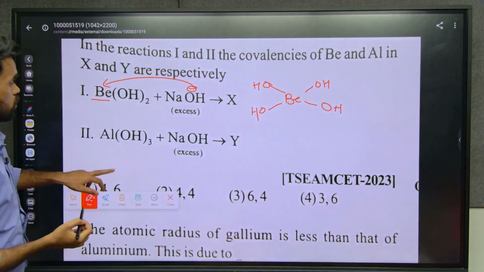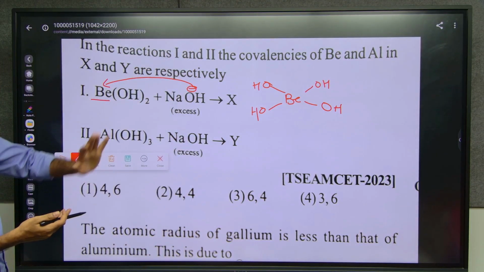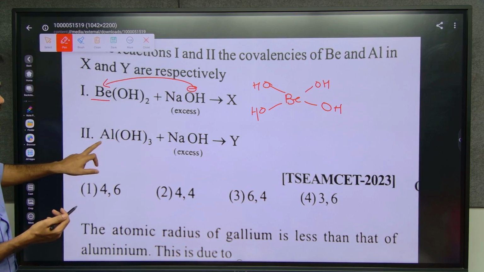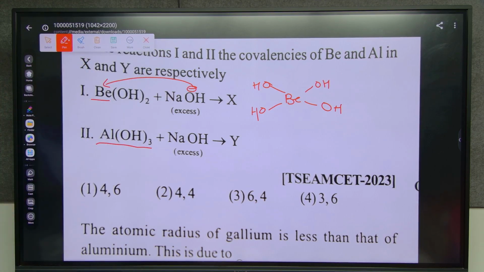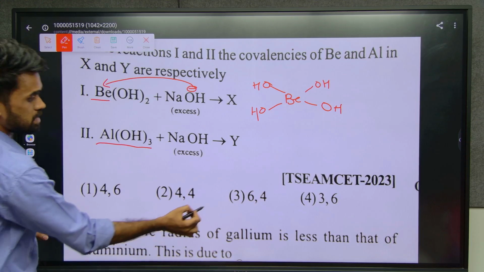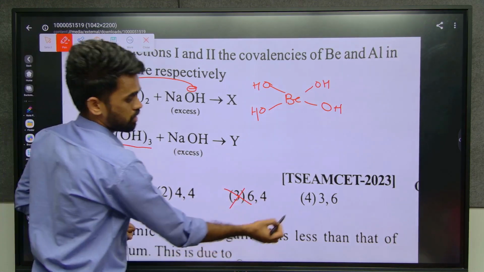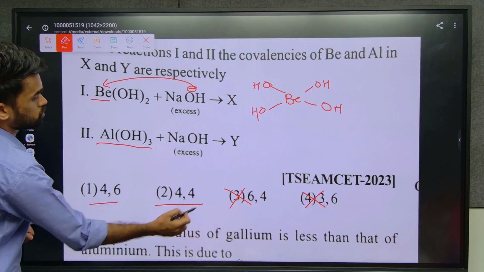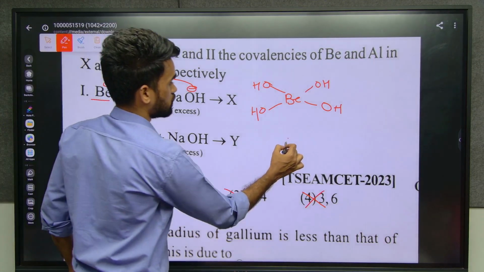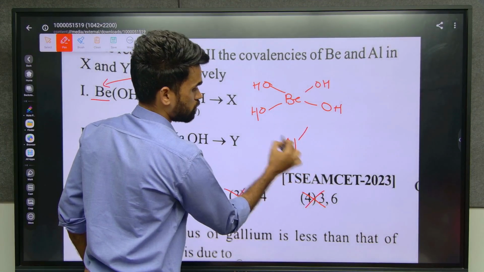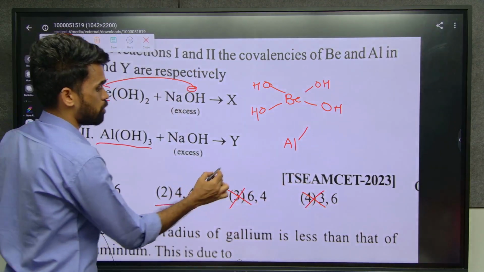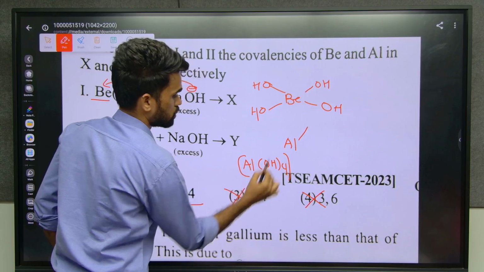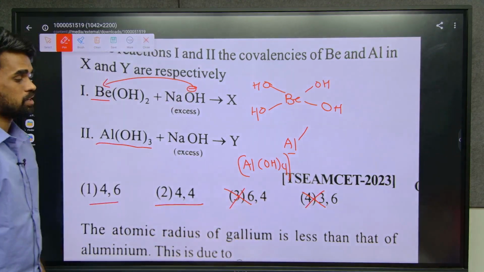Like this. They are asking covalency. How many bonds can beryllium and aluminum have? Next, same with this one also you do. See, 6 is not possible with beryllium. 3 is not possible with beryllium. So out of these 2, now with aluminum you check. It also makes 4 bonds. What is that compound? Like Al(OH)4 with minus 1 charge. So 4 and 4.